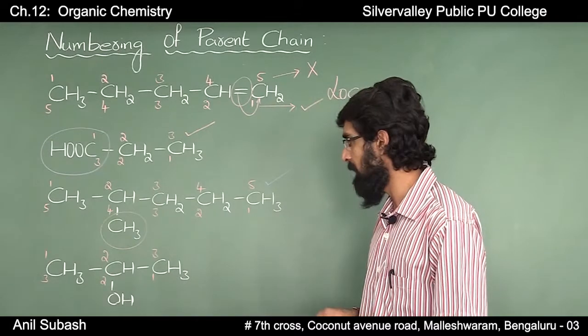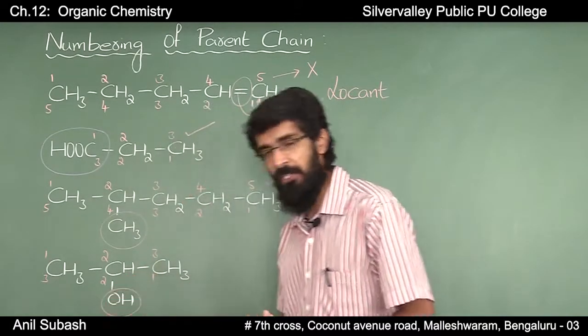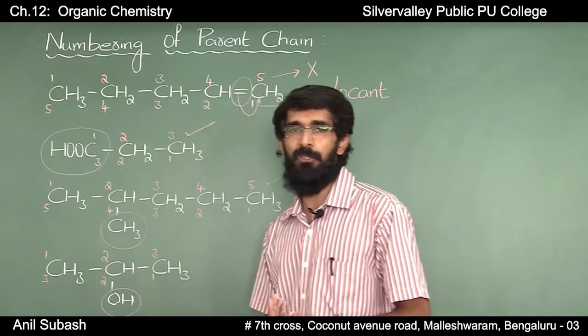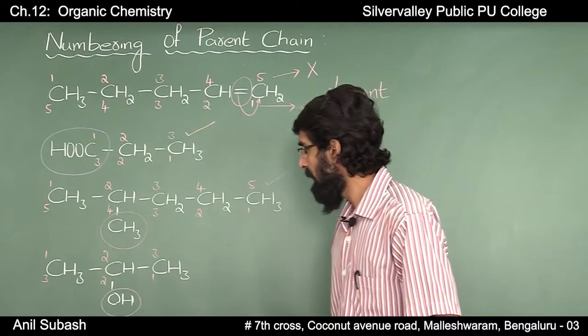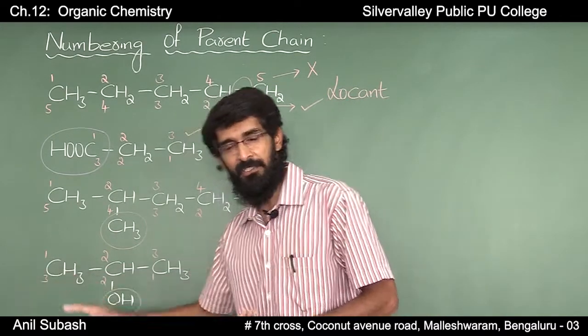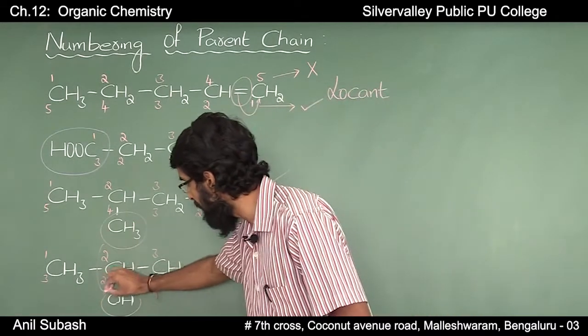Coming to this example, the functional group here is OH, and this is the carbon carrying the functional group. Now, if I number it from the left hand side or from the right hand side, the locant will be 2 itself.